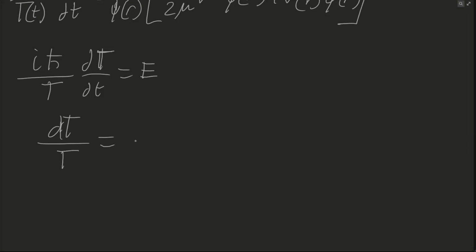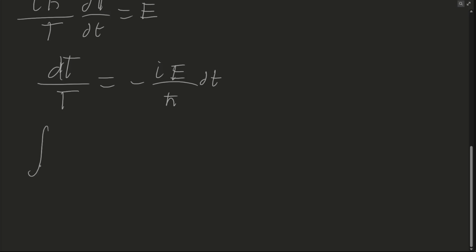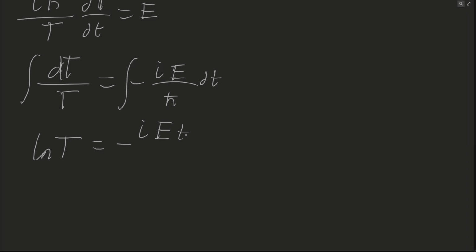So dT over T is equal to minus i E over h bar dt, and integrating both sides, we get that ln of T is equal to minus i E times t over h bar plus c.